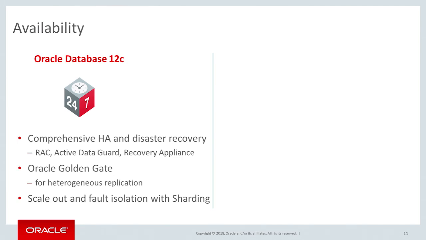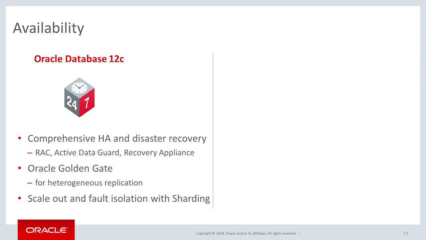Just to give you a few examples, with Real Application Clusters, we can protect our databases from server failure. With Active Data Guard, we can protect our databases from a complete site outage. With tools like Oracle GoldenGate, we can do heterogeneous replication, replicating updates from one database on one operating system to another database on a completely different operating system.